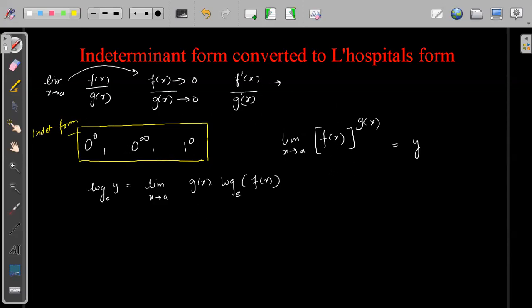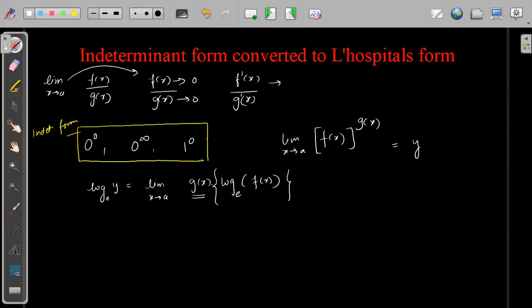So for these kinds of questions, the first thing we do is take log on both sides, so that the g of x power comes outside. So now suppose these limits were of this form and we have taken log on both sides, so this limit becomes something of this form, g of x has come outside and log base e f of x, right?